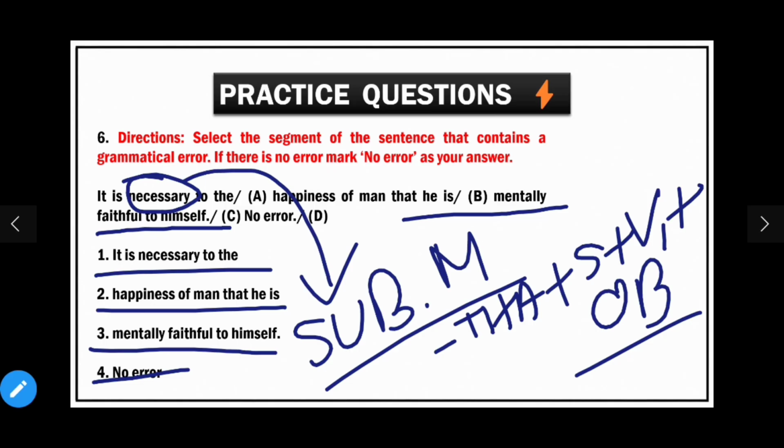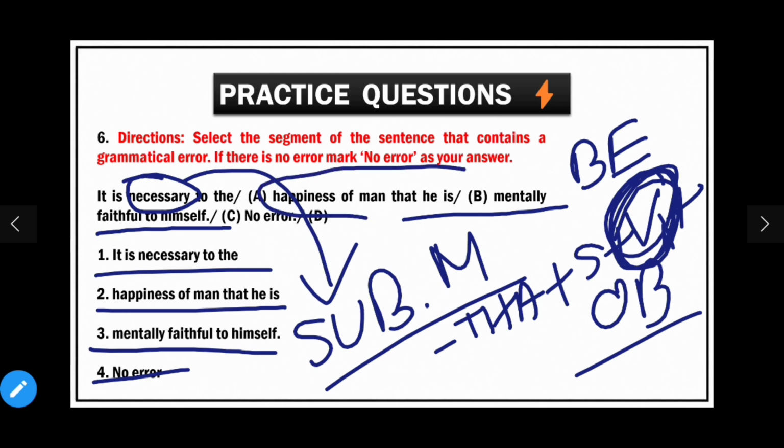But we can't use "is" in any subjunctive mood, because we need to use the V1 form of that verb, and V1 of "is" is "be". It means this part of the sentence is incorrect, that is, happiness of man that he is.